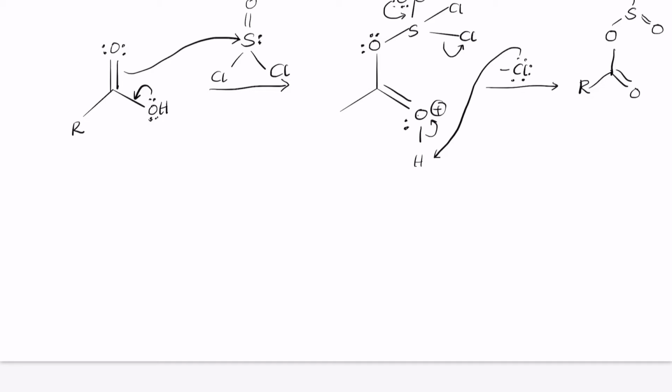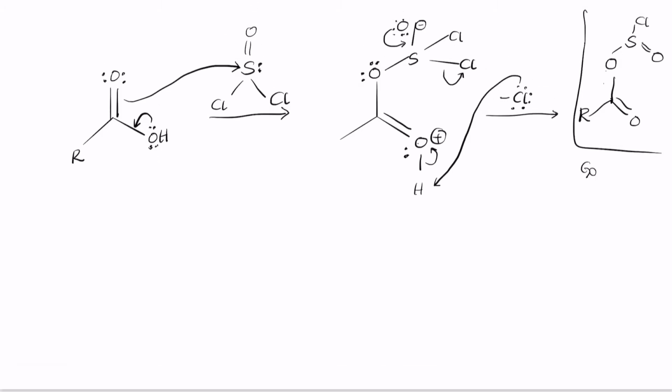This is the structure that you're left with. Because we are now bonding with oxygen here, this creates a good leaving group. Once it creates that good leaving group, the second part will happen.